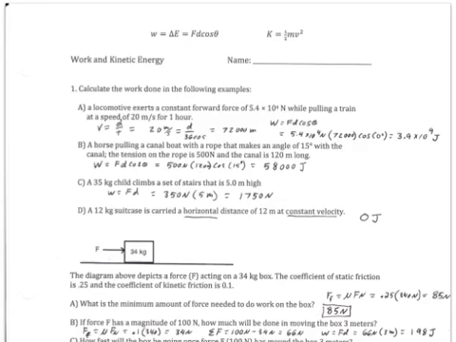So the velocity is 20 meters per second, and I convert 1 hour into seconds, that's 3,600. Solving for the distance, it moved 72,000 meters, or 72 kilometers, but I need it in meters.